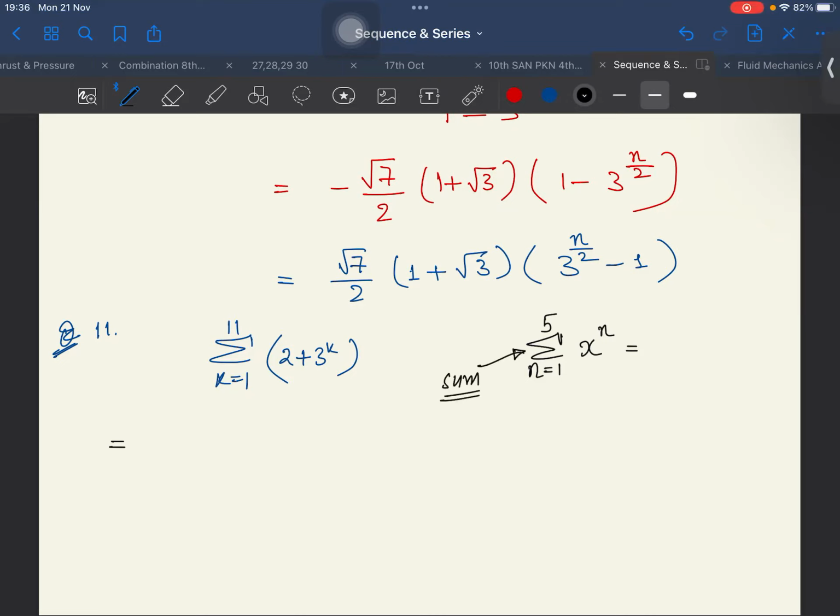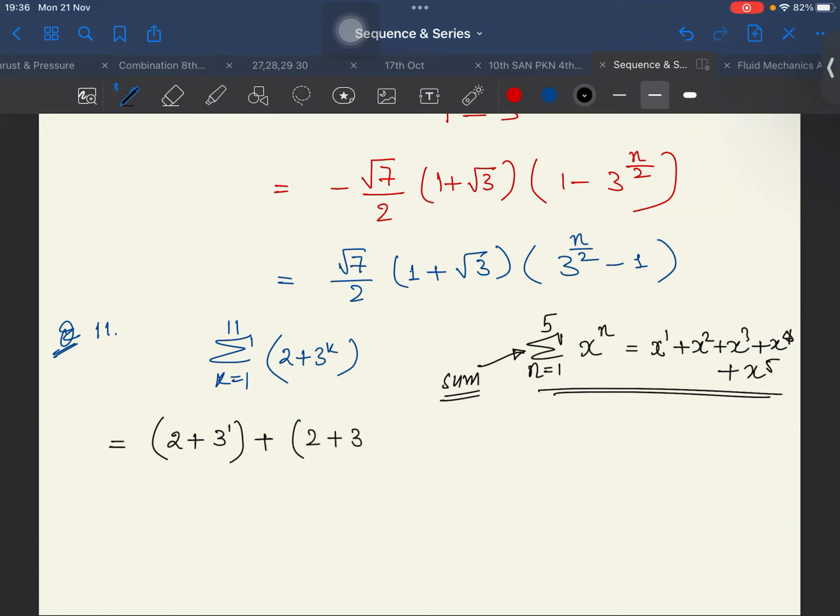You can write x to the power of 1 plus x square plus x cube plus x to the power of 4 plus x to the power of 5. That's the meaning. So here you have to sum from 1 to 11. That means 2 plus 3 to the power of 1 first. Now substitute k is equal to 2: 2 plus 3 square, plus 2 plus 3 cube.